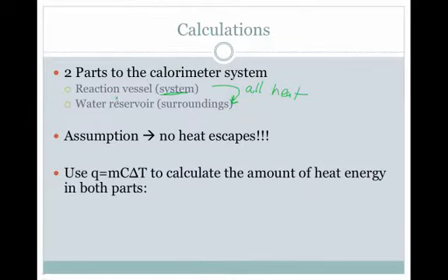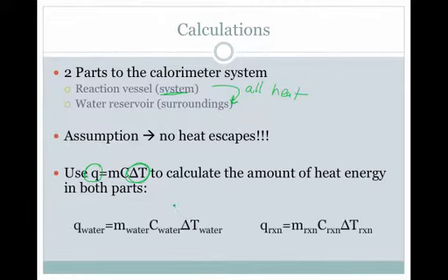Just like we already said, we can use the equation Q equals mc delta T to relate the change in temperature of the water back to a quantity of heat that must have come out of our reaction. And we can use this equation to calculate that heat for both parts of the process. The heat that is absorbed by the water corresponds to the mass of water used, the specific heat of the water, and the temperature change of the water that we get from our thermometer.